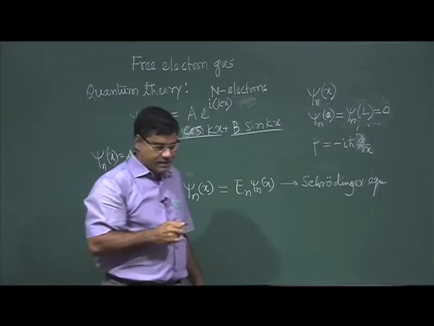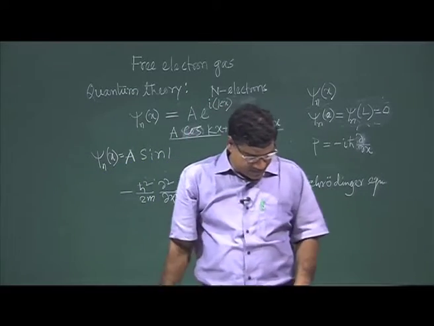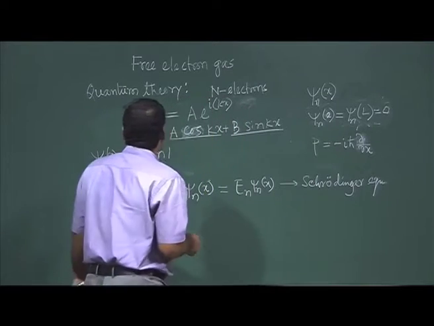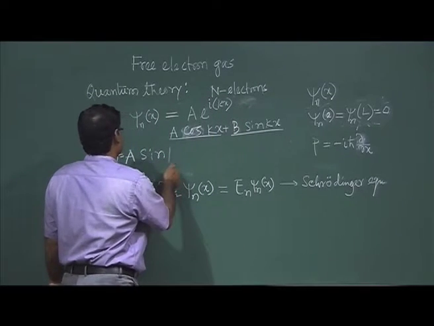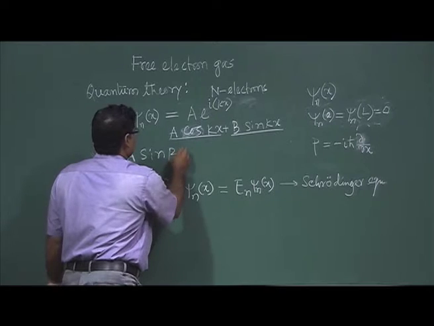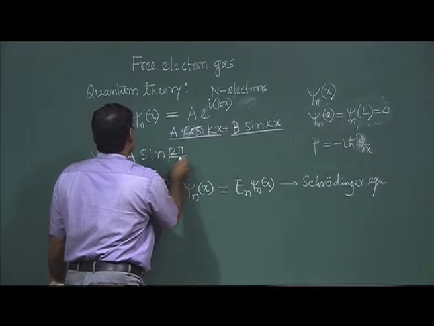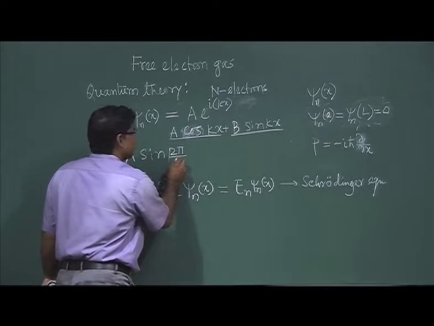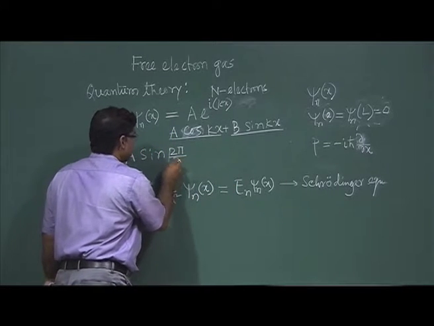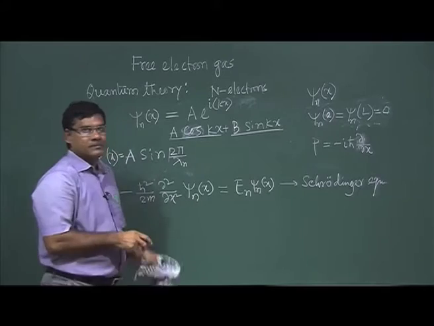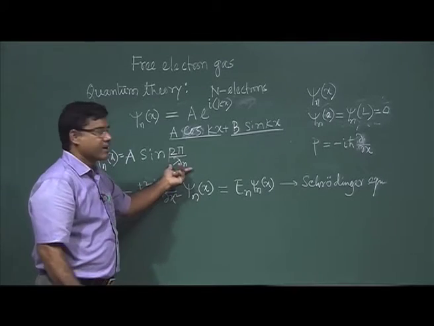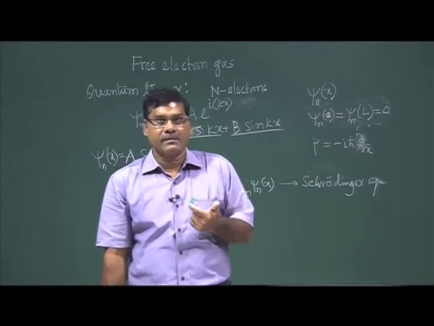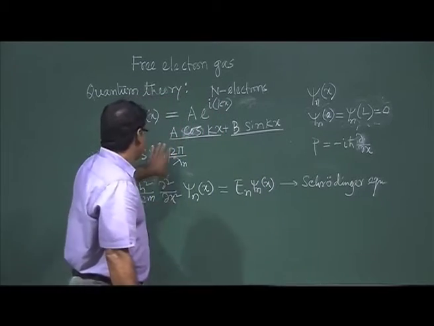I will not write k, which is the general form. k is 2 pi by lambda, right. So for the nth state, the wavelength of this nth state is lambda n, and I just replace this k.